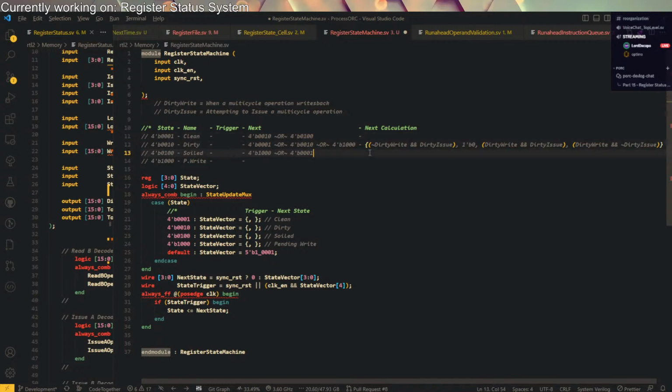Okay, I'm going to back up and do this top one because I kind of skipped it. So this goes to dirty or soiled, which would be 1B0. So this would be a dirty issue.